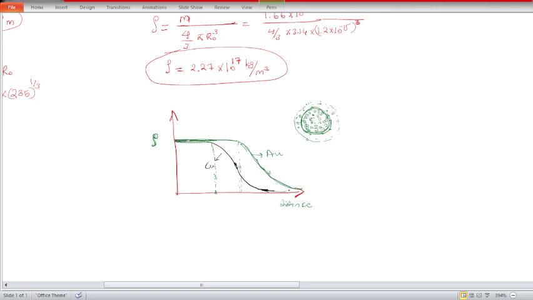For lighter nuclei and heavier nuclei the trends are the same, which means that nuclei do not have a rigid boundary. In the next class we'll do some problems based on nuclear radius and density of nuclei.